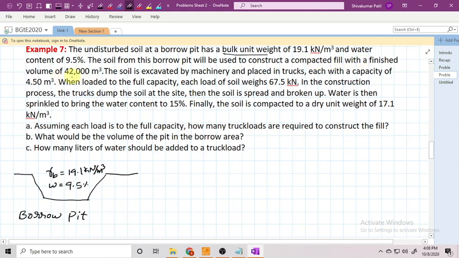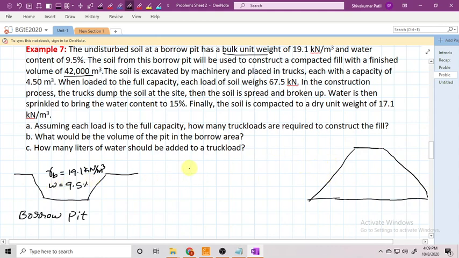of 42,000 cubic meter. So again here also they are removing the soil and building some embankment. Let me draw the embankment here. This may be a road embankment or a railway embankment or some dam, depending on the structure.